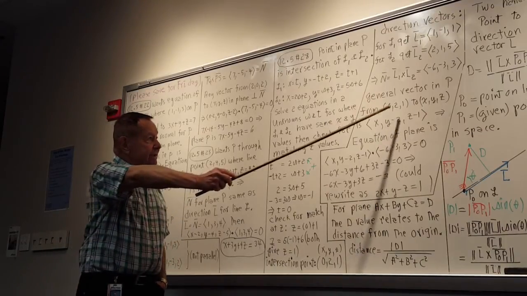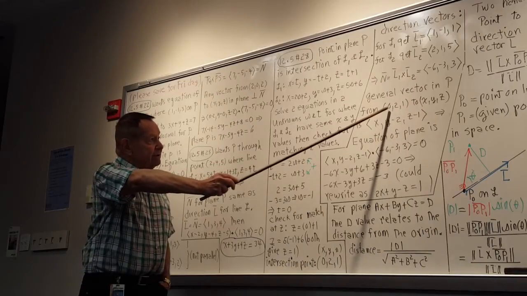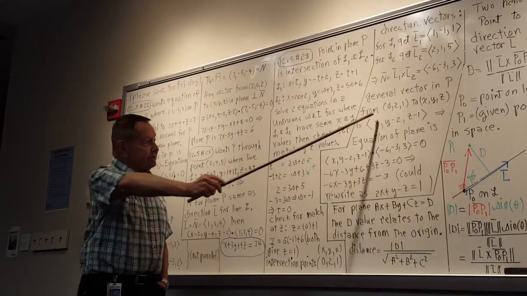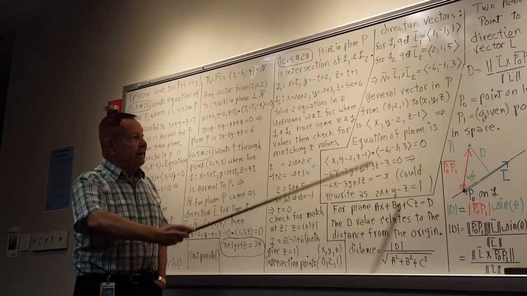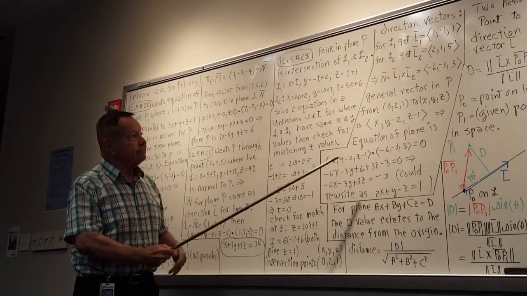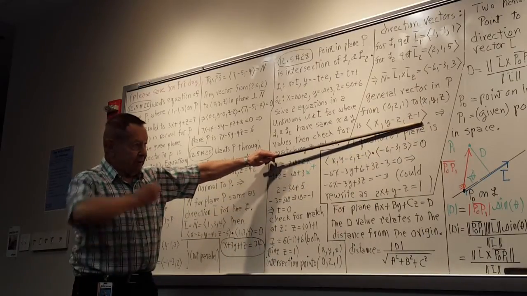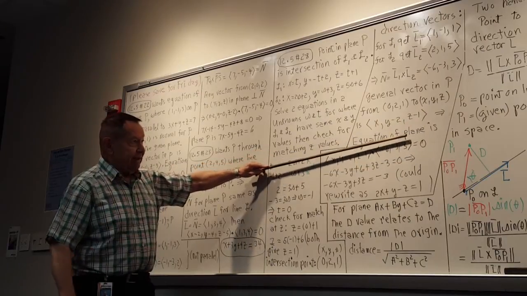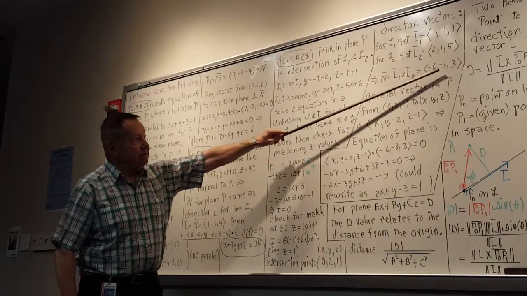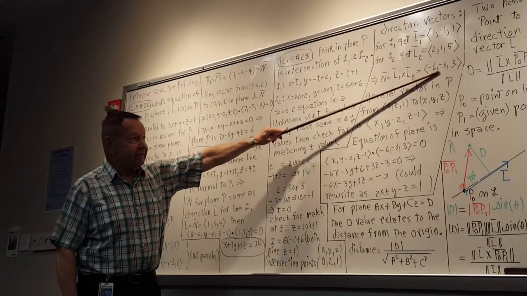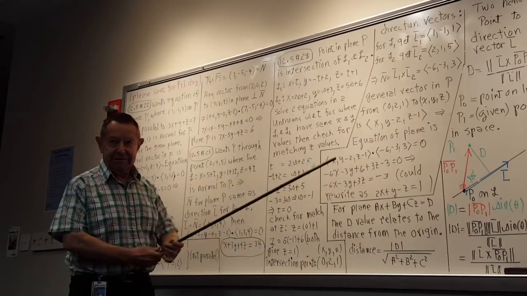So your general vector then is from the crossing point of the lines, 0, 2, 1, to x, y, z, and so you get this, and your equation of your plane is this dotted with your normal numbers or anything proportional to them, you see.